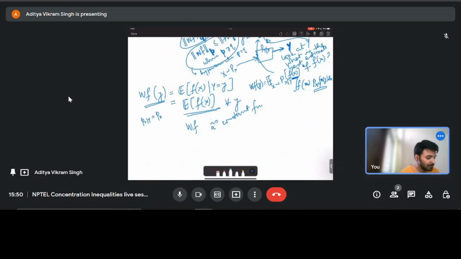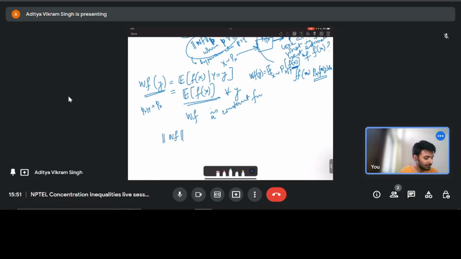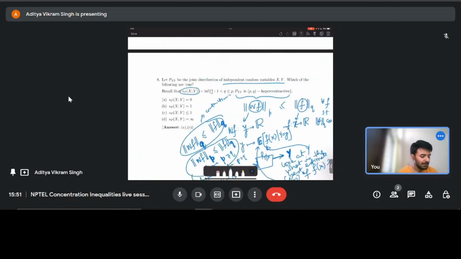Now we want to do everything in terms of this s_p factor. So what is s_p? Suppose you are given this ‖f‖_q and this ‖Wf‖_p, and we want to find the highest p for which this holds for all f.